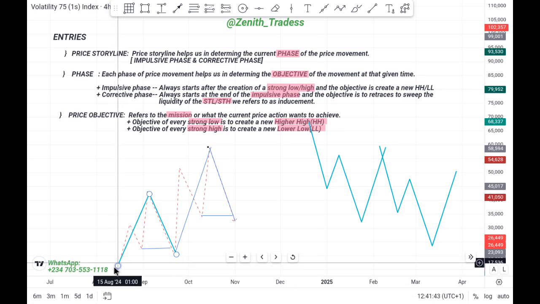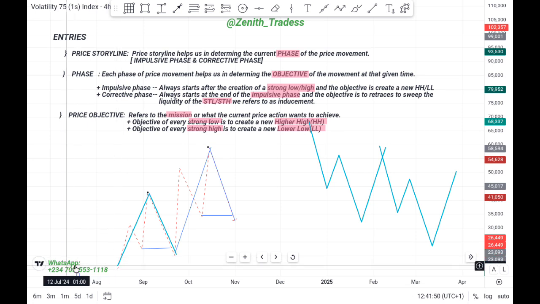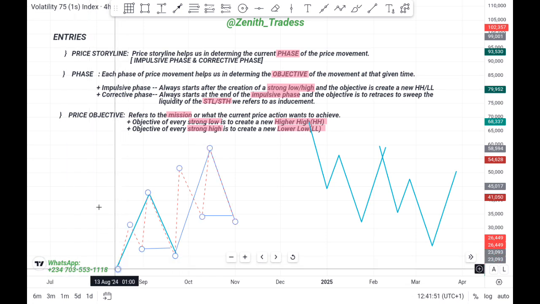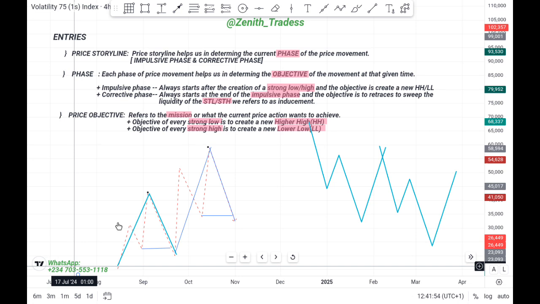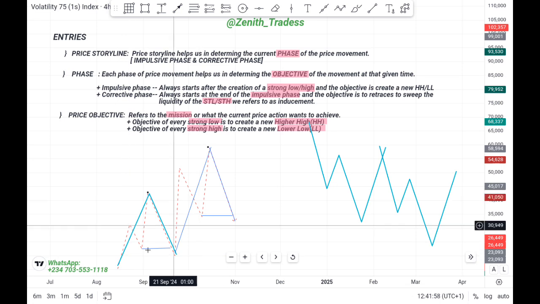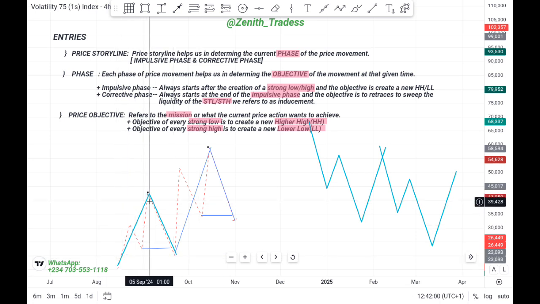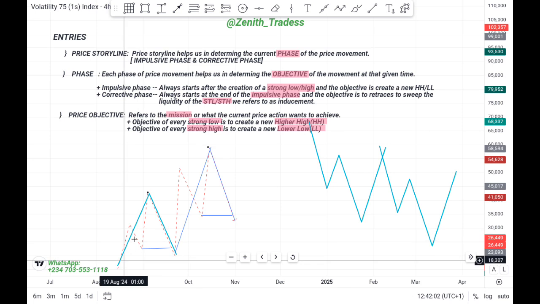So the start of this movement signifies that this is an impulsive move, because from our previous price action we know that the mission of the previous range or the previous CP is completed. So the next one, so far price is still bullish, must be impulsive. The next movement is going to give us an impulsive move.